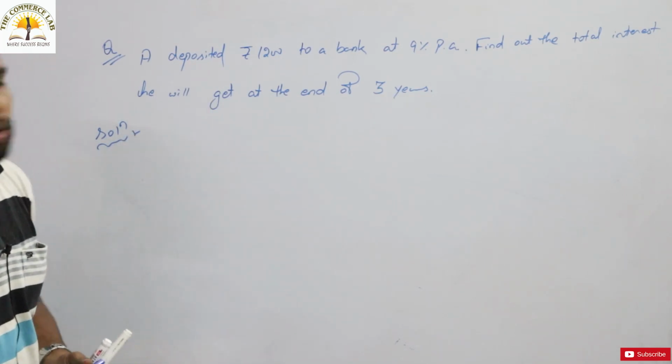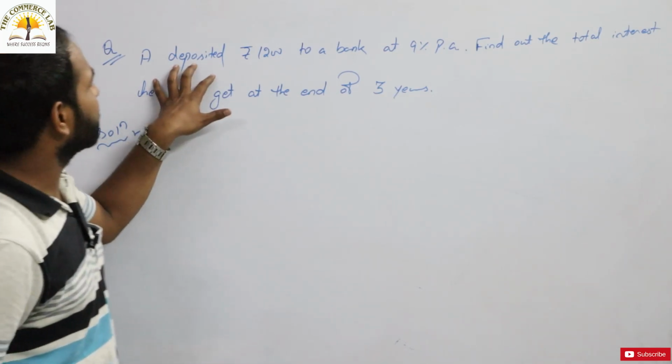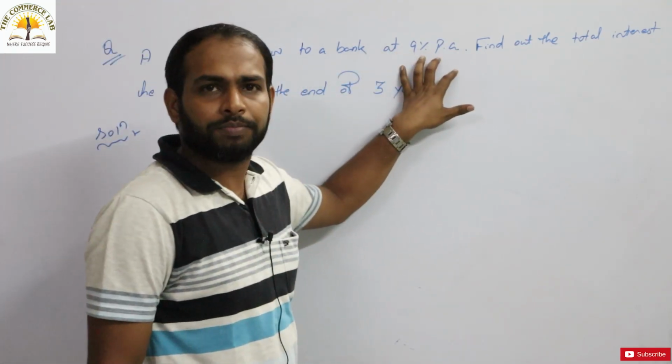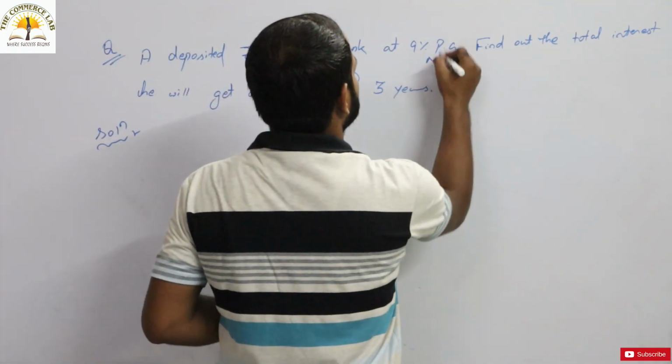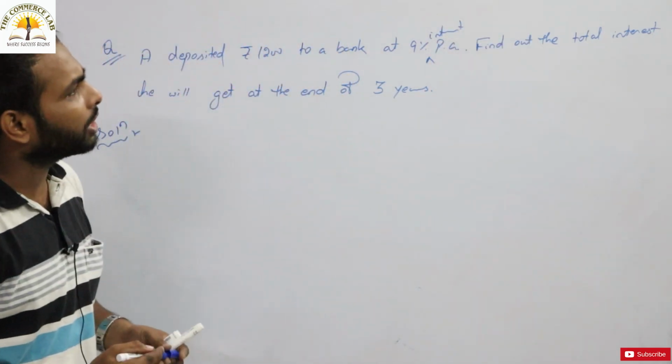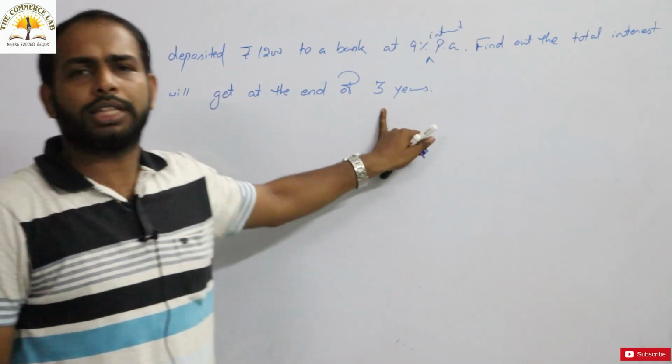A deposited 1200 rupees to a bank at 9% interest per annum. Then find out the total interest he will get at the end of the 3 years.